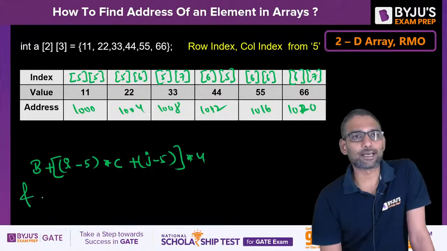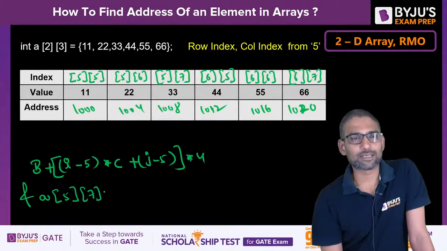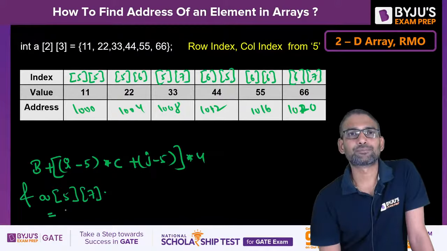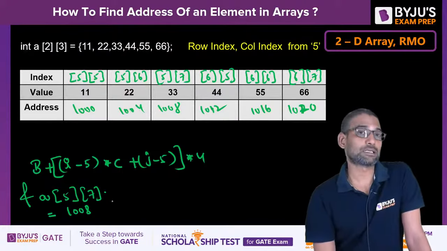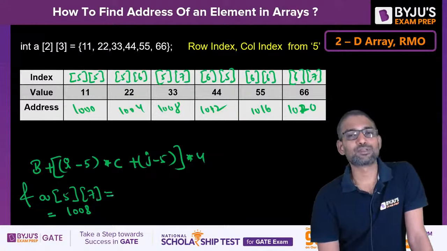If I would like to calculate the address of 5, 7, what is actually the address of 5, 7? 1008. Do I get that or not? Let us check using the formula.